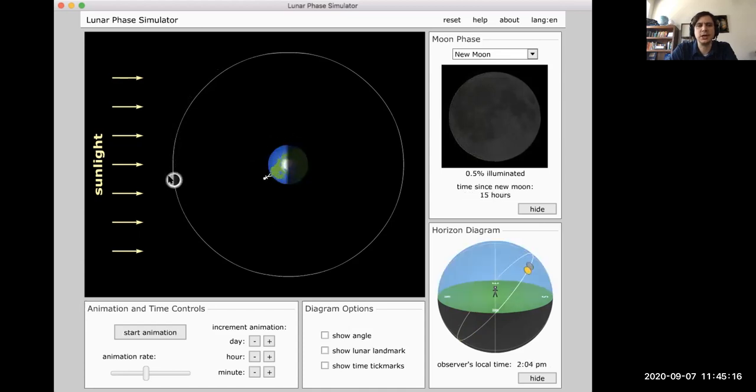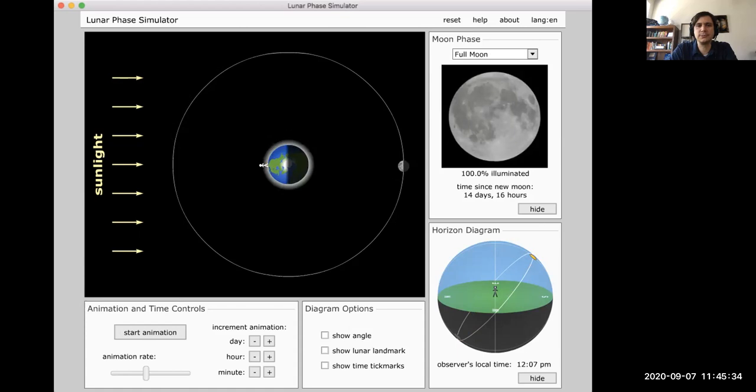So to get this geometry of the sun, the moon, and the Earth all in a perfect straight line, so you can see a new moon, and this geometry of getting the sun, the Earth, and then the moon all in a straight line, so you can see a full moon, as the Earth moves around the sun, the moon will have to move a little bit further in its orbit to get that same straight-line geometry, a syzygy as we call it, which is going to be important as we move into discussing eclipses.